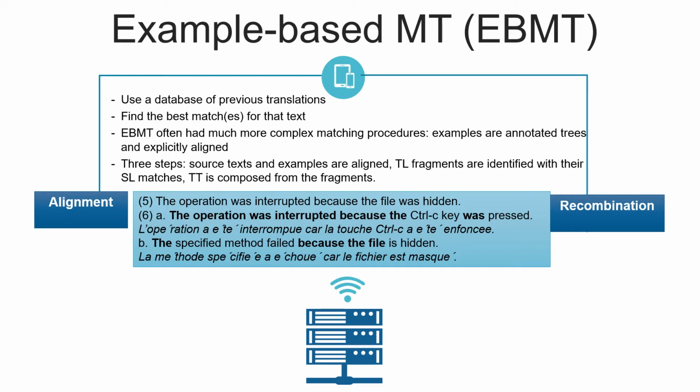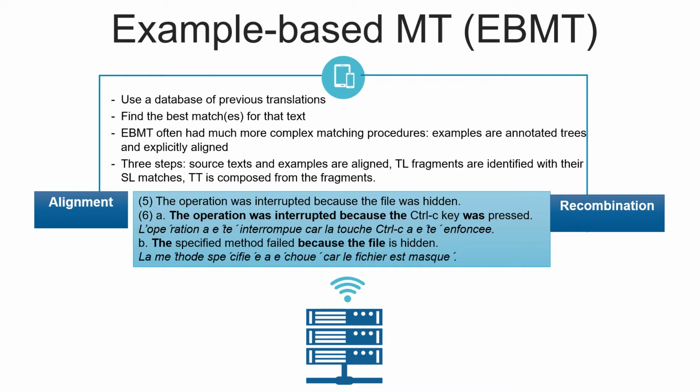Though it should be said that earlier implementations of example-based machine translation often had much more complex matching procedures, linked to the fact that examples were often stored not just as plain text, but as annotated tree or other structures, often explicitly aligned.